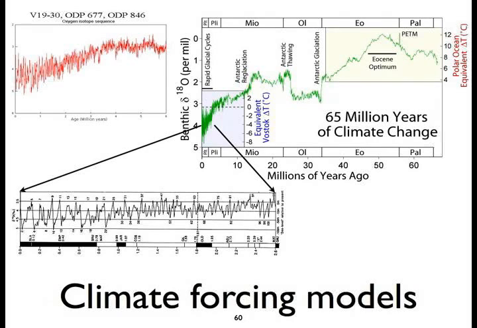It turns out that the paleoclimatic record is way better than the fossil record. And very often that climatic record is something that makes us think that climate has a lot to do with the way things went down in the past. In fact, there are a number of things called climate forcing models.